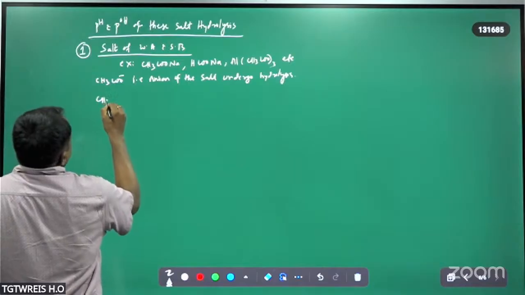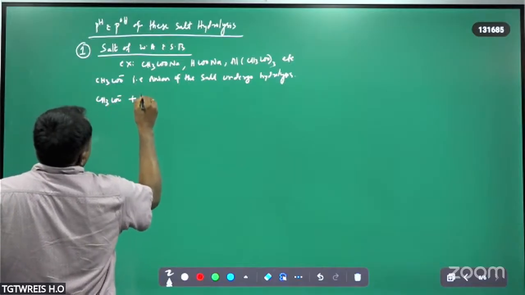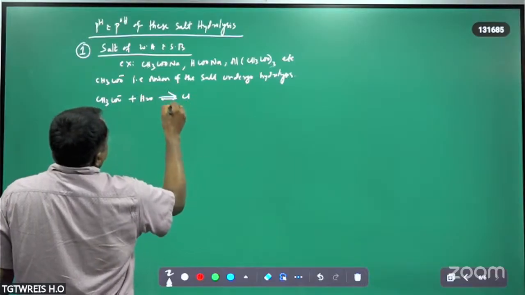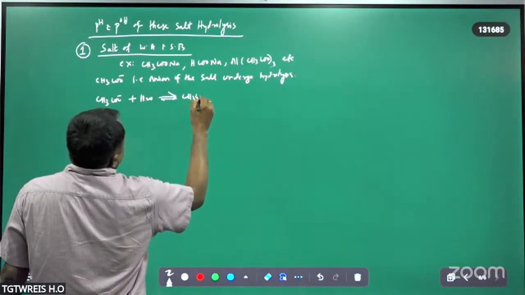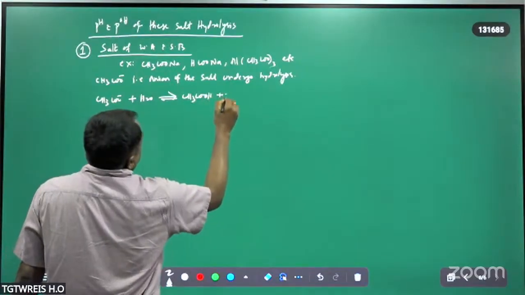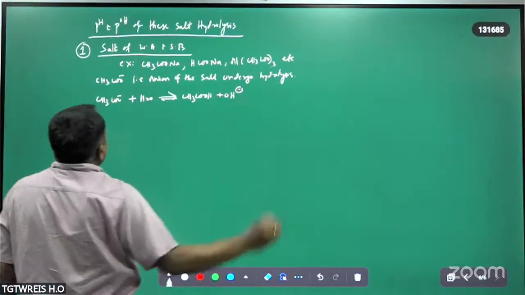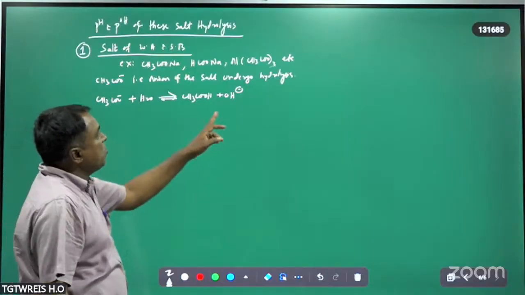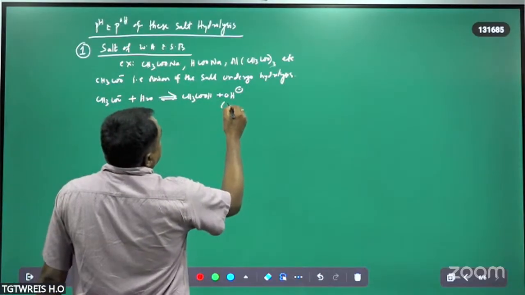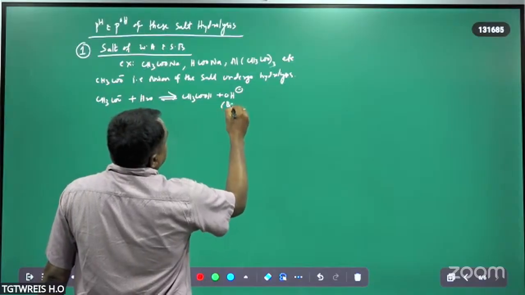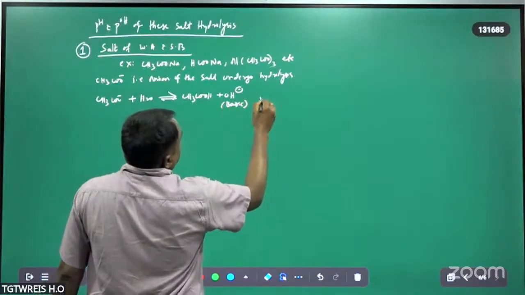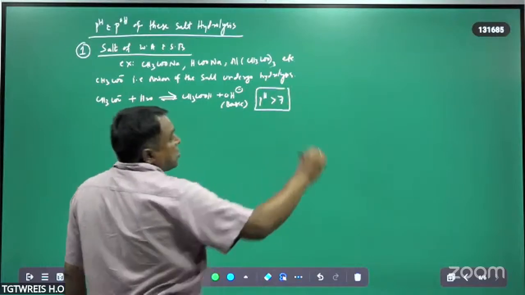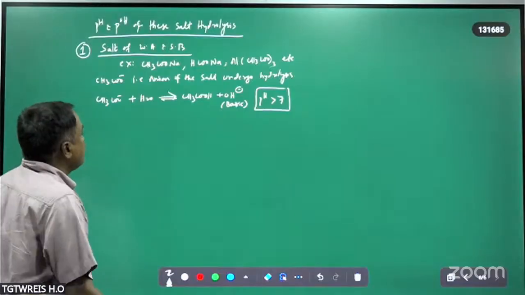CH3COO minus plus water, this is an equilibrium reaction, gives CH3COOH plus OH minus. So its solution is basic in nature. Therefore, pH is greater than 7 for this kind of salt hydrolysis solution.